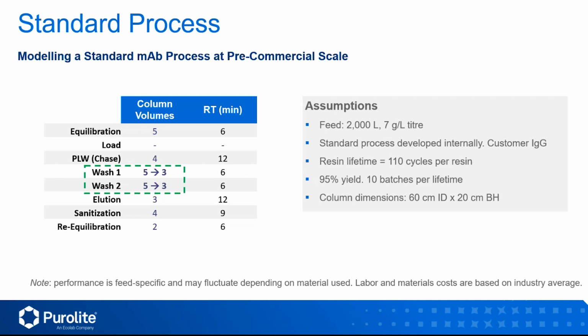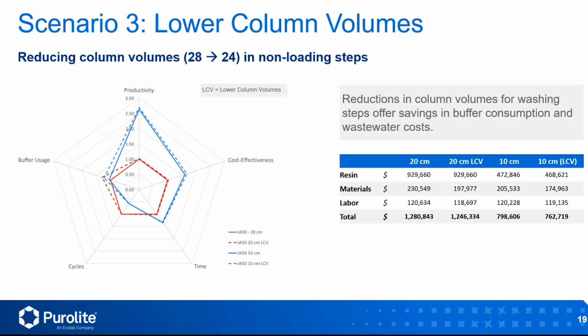So if we go back to the original standard process, what this reduction in HCP and residual content could translate to is a reduction in the number of column volumes for washing steps, for instance. So if we take this standard process, you can see that in the green box, it's being reduced from 5 down to 3 column volumes for washing steps 1 and 2. So going back to these charts here, we've done it for a 20 centimeter and a 10 centimeter bed height.